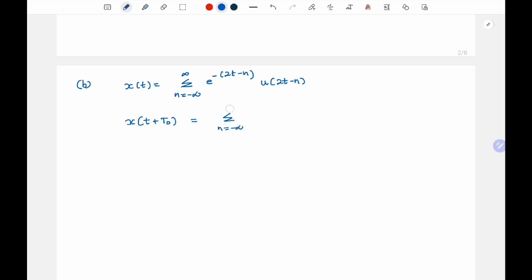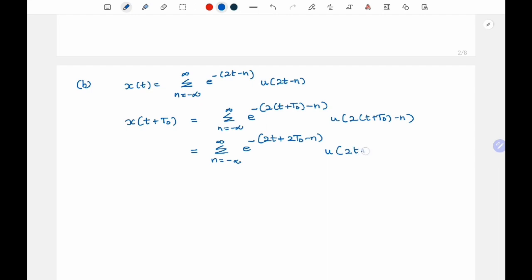Summation n equal to minus infinity to infinity e power minus 2 into t plus t naught minus n u of 2 into t plus t naught minus n. And we have n equal to minus infinity to infinity e power minus 2t plus 2t naught minus n u of 2t plus 2t naught minus n.